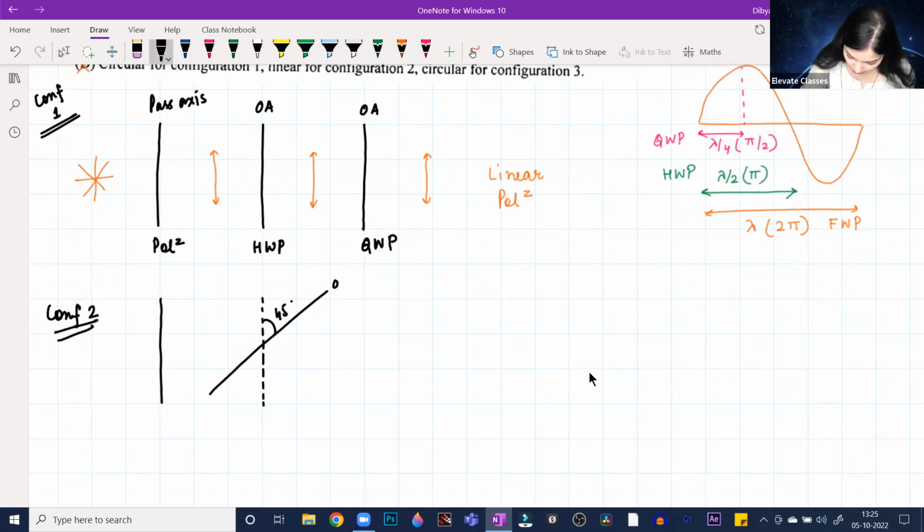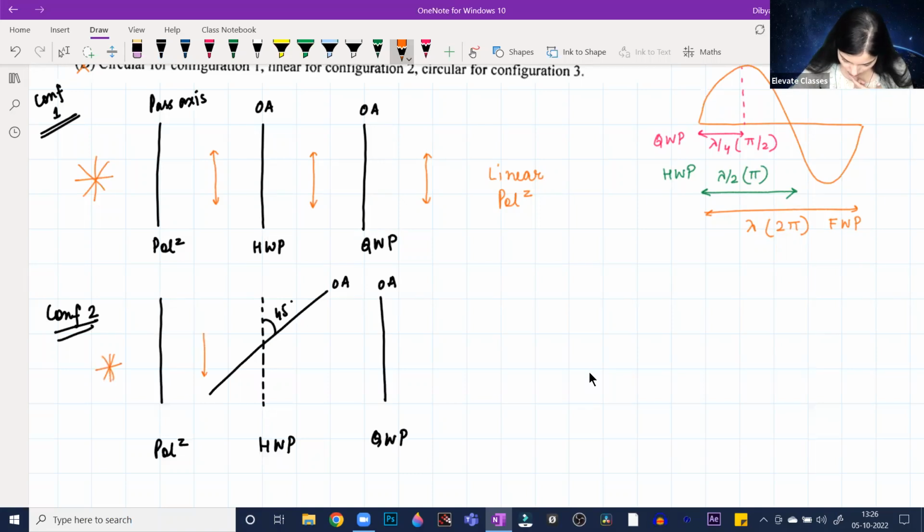Now this is the optic axis of my half wave plate, and this is my polarizer, and the quarter wave plate is the same as before; I did not change it. This is the optic axis of the quarter wave plate. Again I have an unpolarized light incident. The polarizer is the same, so I'll get something like this.